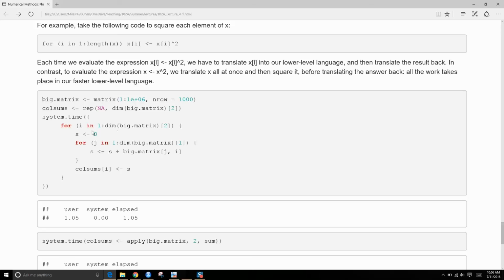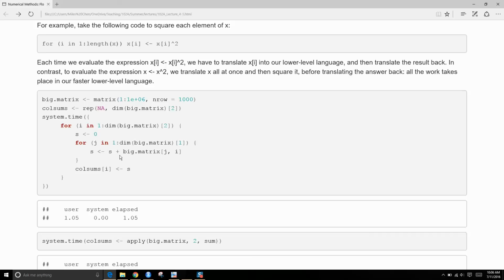So for each column, we're going to take the sum starting at 0, and then go through each row, row by row, all through 1,000 rows for the first column, add that up, and then go to the next column, go through all 1,000 rows, add those up, and so forth. That's essentially what column sums are, right? If I gave you a matrix and said create column sums, that's what you would do.